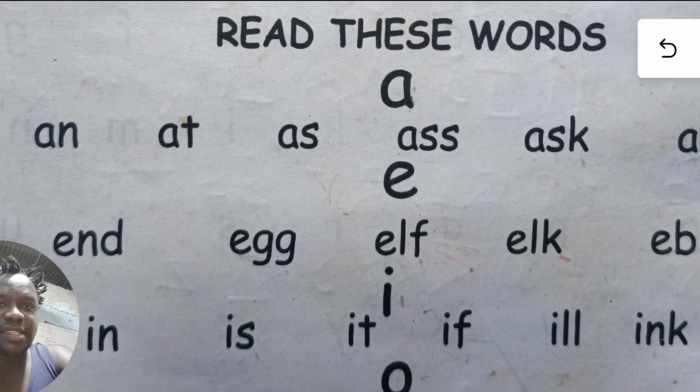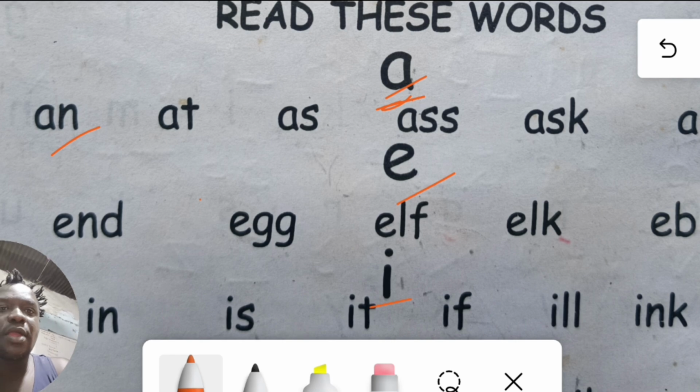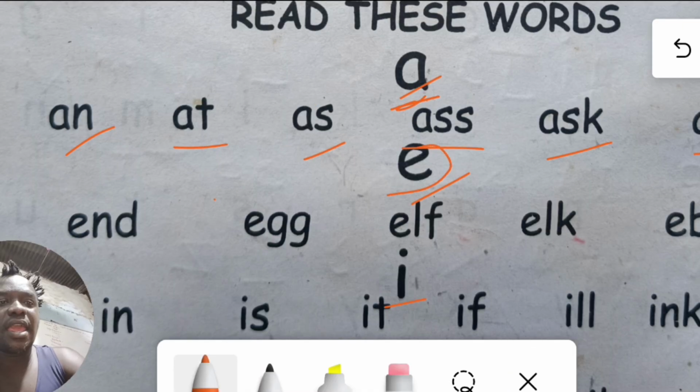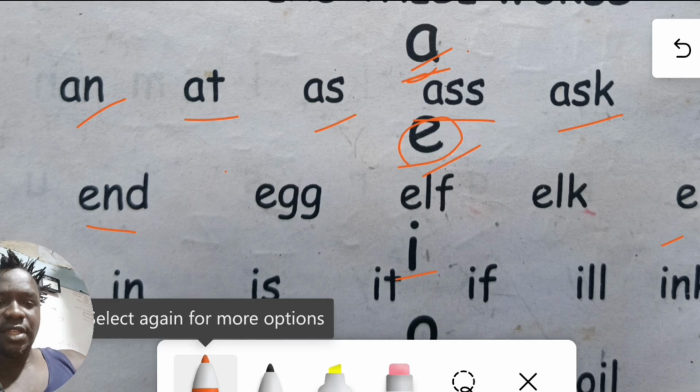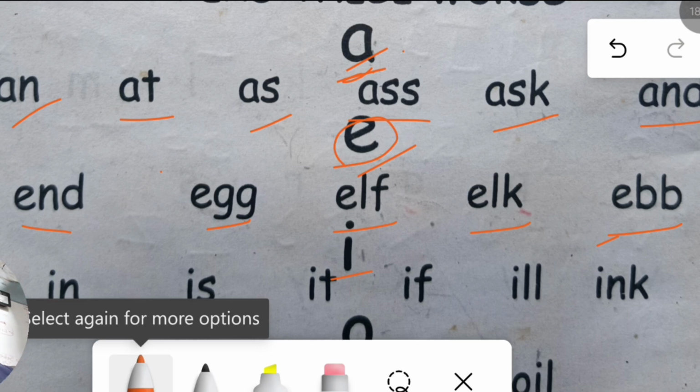So let us look at the sounds. For letter a, we can read an, at, as, ask, and. Then for e, we have words that start with the e sound, which are end, egg, elf, elk, and ebb.